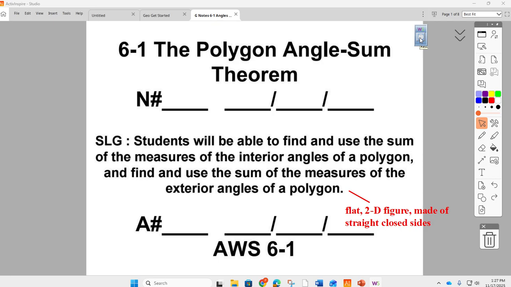So 180, that's 1 times 180, right? 2 times 180. 3 times 180. But how does that help us if I know the number of sides?